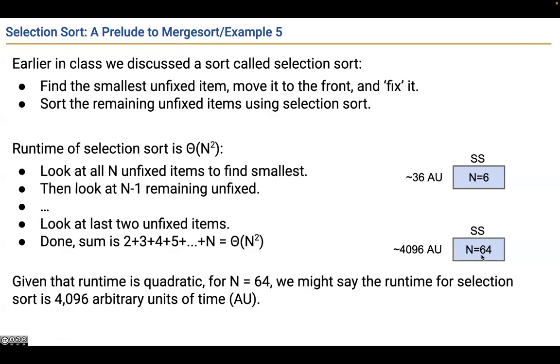And that number is 64 squared. So it's kind of a guess, but if the algorithm is n squared and the size of the input is 64, then my runtime is approximately 64 squared. It's not perfect, but it's good enough for the analysis that we're about to do.